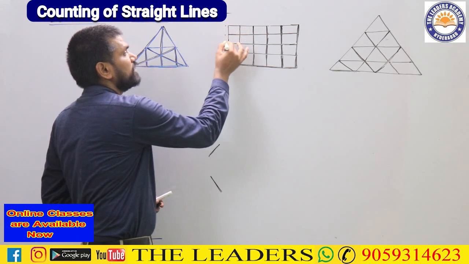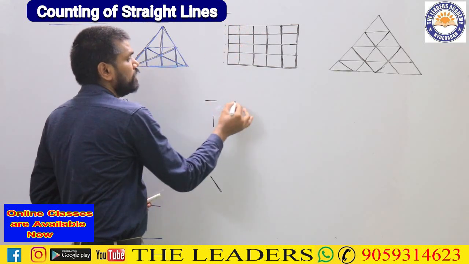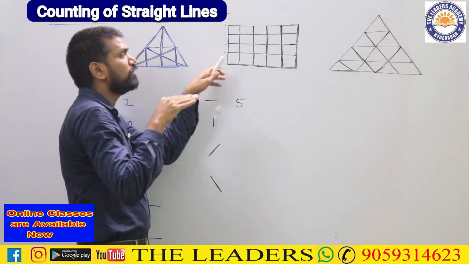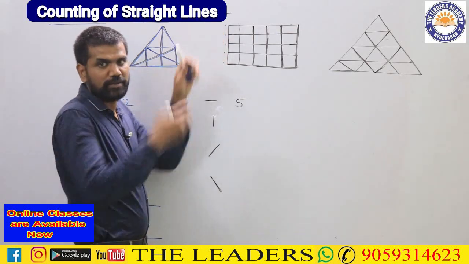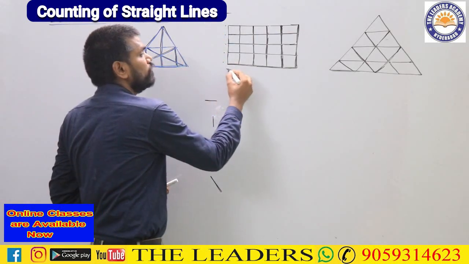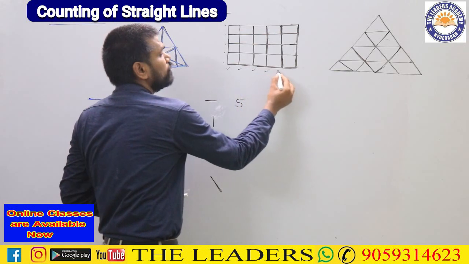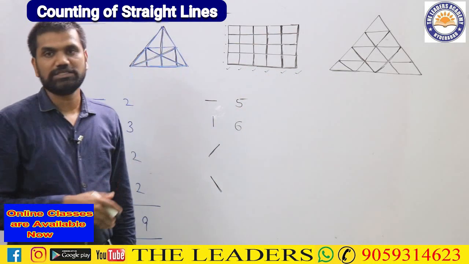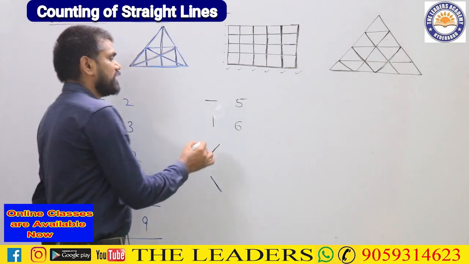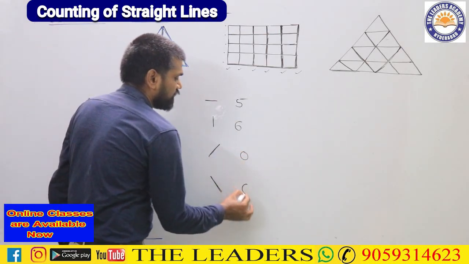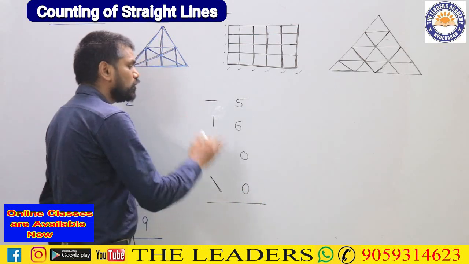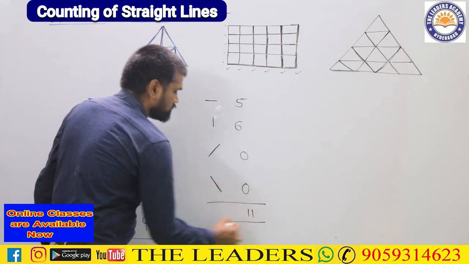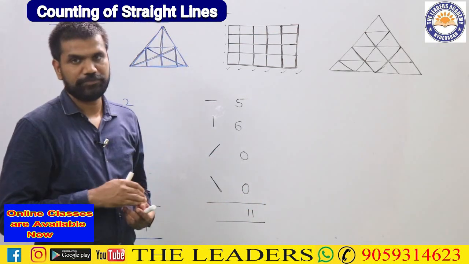The number of horizontal lines in this one are in total 5. Coming to the vertical lines in the diagram, 1, 2, 3, 4, 5, 6. In total we have 6 vertical lines. We do not have any slant lines in this diagram. In total, the total number of straight lines in the diagram are 11.